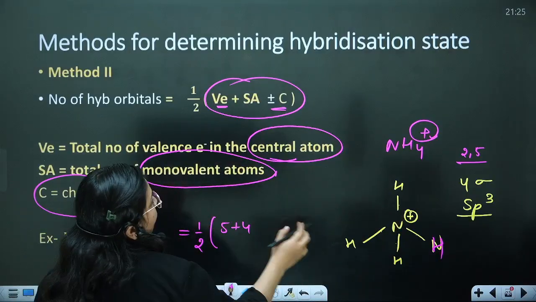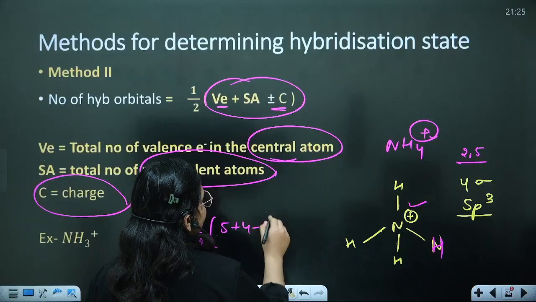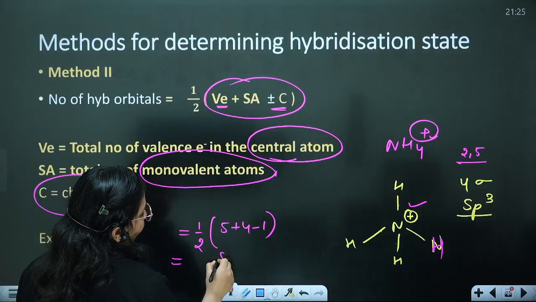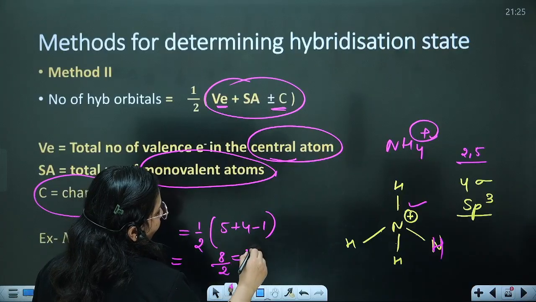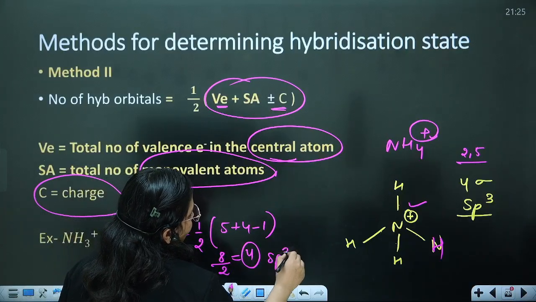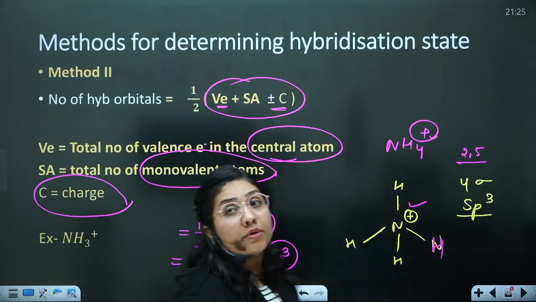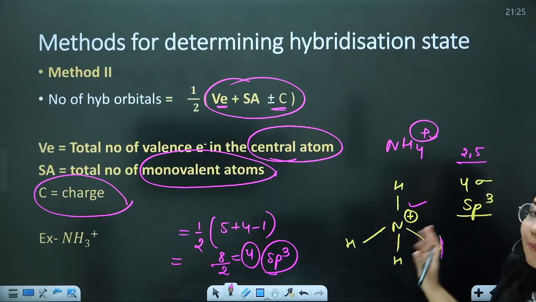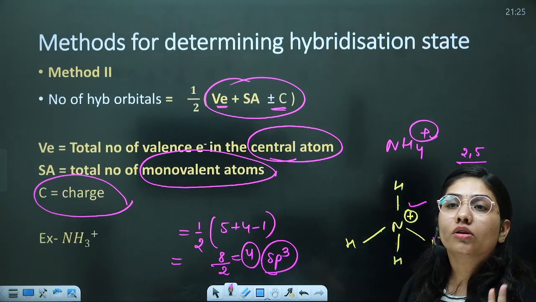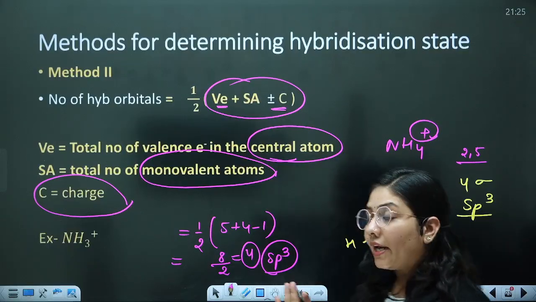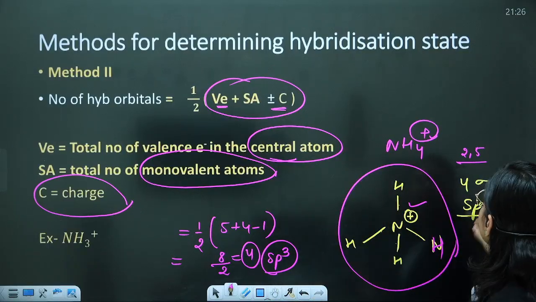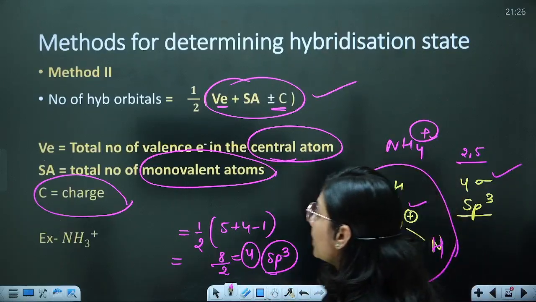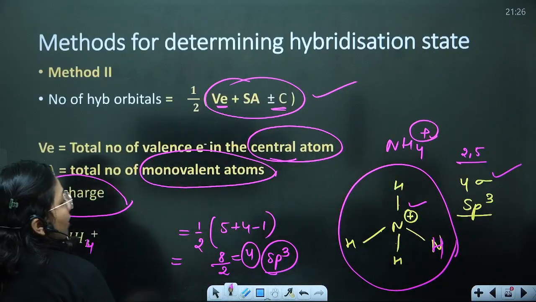Plus or minus charge: there is positive charge, so we will minus it. 9 minus 1, that will be 8. 8 by 2, it will come 4. It means sp3 hybridized orbitals are present in this structure. So this thing you can do by two methods. Either count the number of sigma bonds, and if you are finding difficulty doing it that way, then go to the formula given and use the formula. So we have done it for NH4 positive.